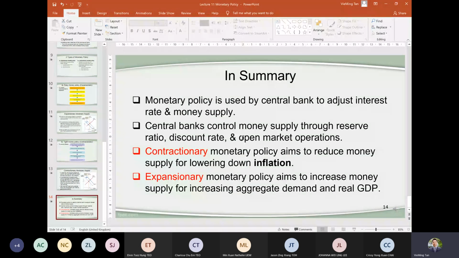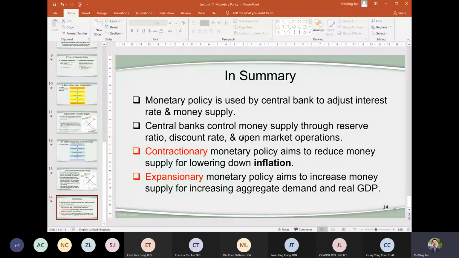Generally, there are two monetary policies that can be considered by the central bank, and this depends on the condition in an economy.